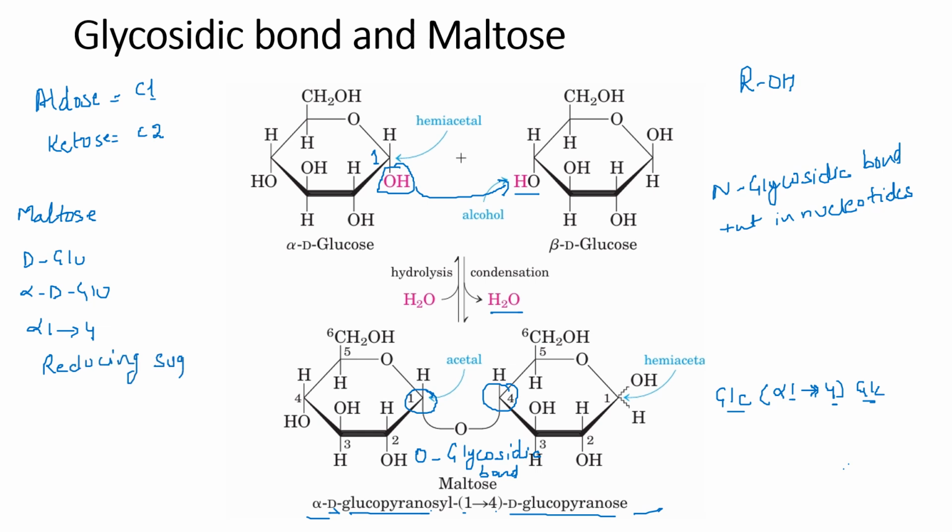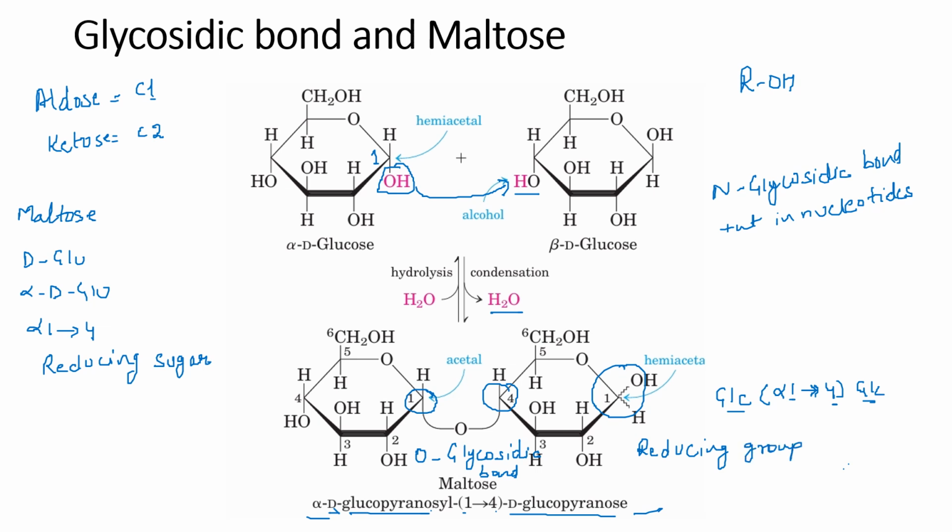How come it's a reducing sugar? The C1 of this glucose, the anomeric carbon, is involved in the glycosidic bond. But the C1 of this second glucose molecule is free to act as a reducing group.